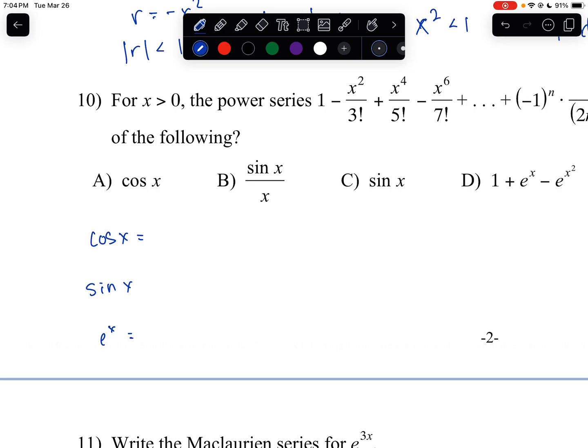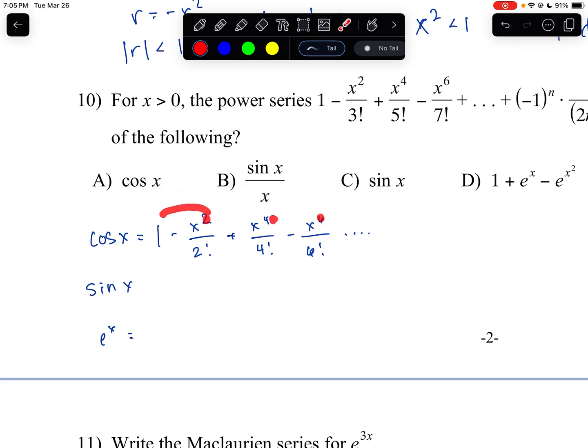The 0th degree, 1, minus x squared over 2 factorial plus x to the 4th over 4 factorial minus x to the 6th over 6 factorial, and so on. So this is the series for cosine of x. Cosine and sine of x are alternating, and the denominator is always the same value as your exponent factorial.